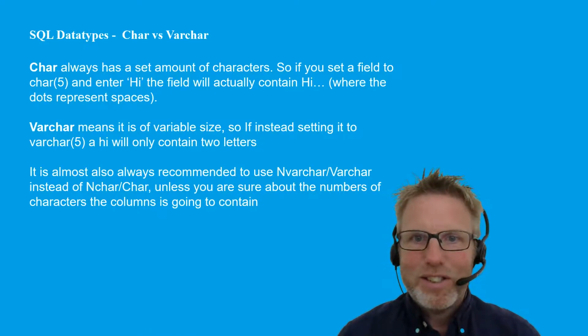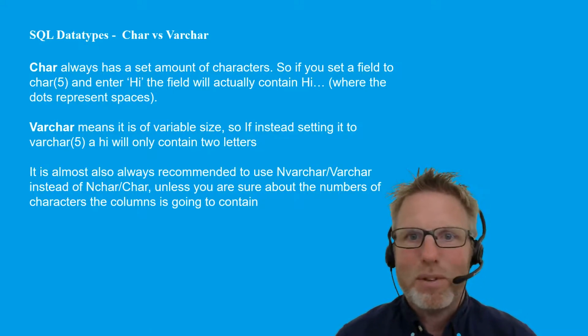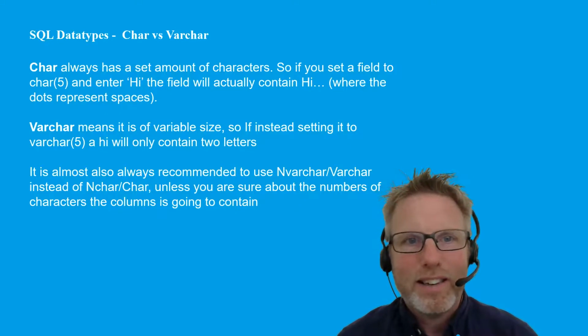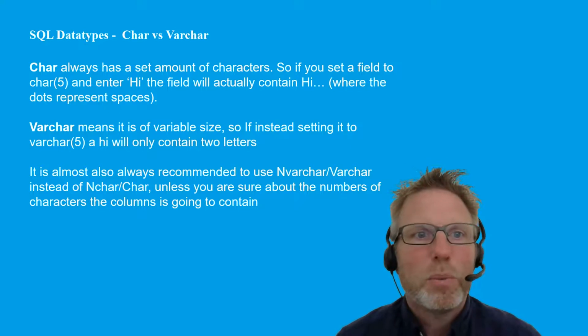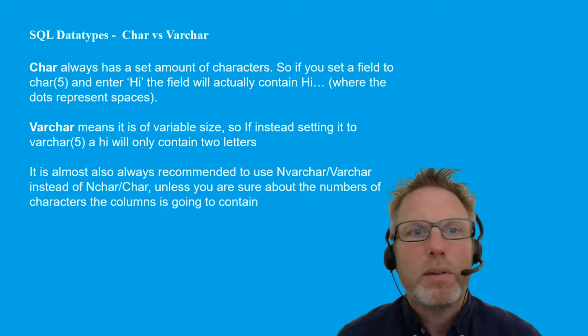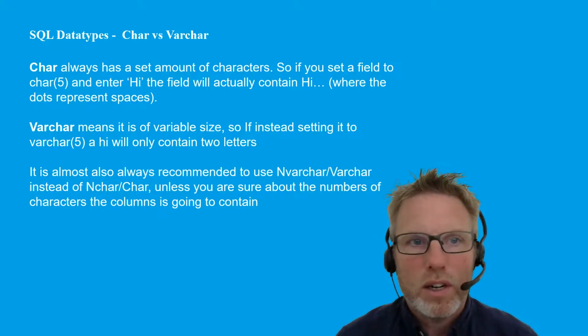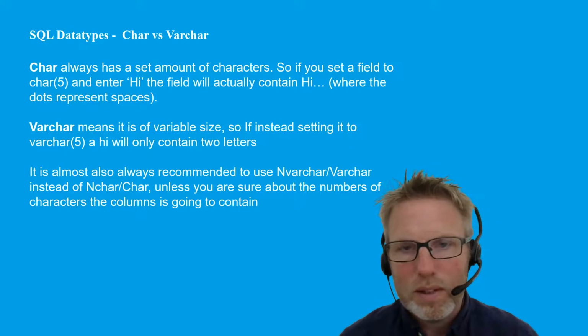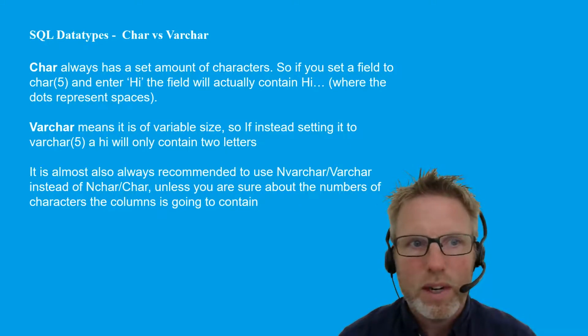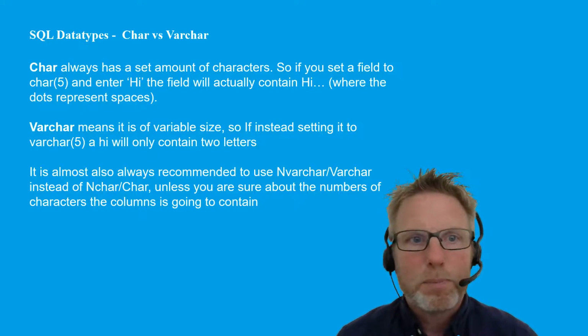Okay, let's just discuss data types for a little bit, and then we'll get into the exercise and start doing stuff instead. I want to cover here the difference between char and varchar, where the difference is that char is always a set amount of characters. So if you have a data type called char 5, that will always be 5 characters, no matter how many letters you actually have typed.